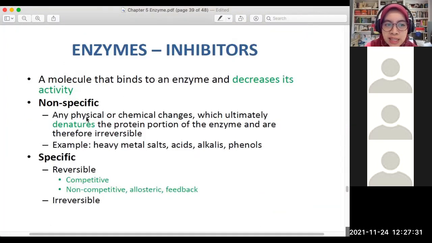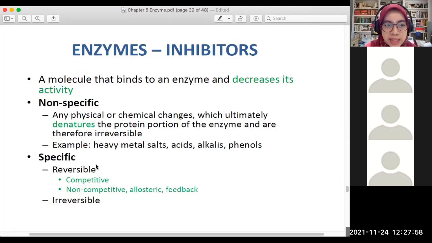Inhibitors can be non-specific or specific. Non-specific means they can generally cause the denaturation of the enzyme by changing, for example, the pH or the temperature of the surroundings. Examples are heavy metals, salts, acids, alkalis, and phenols.